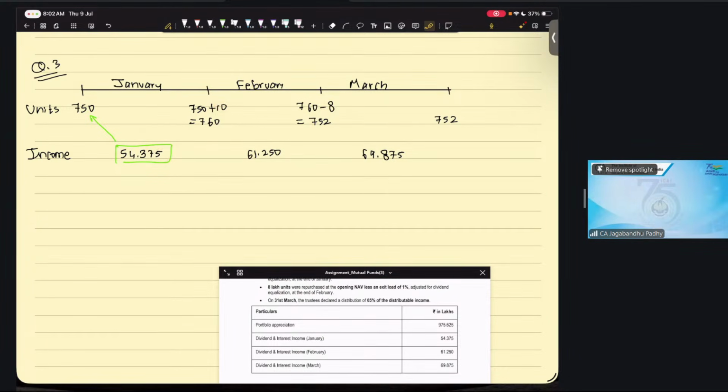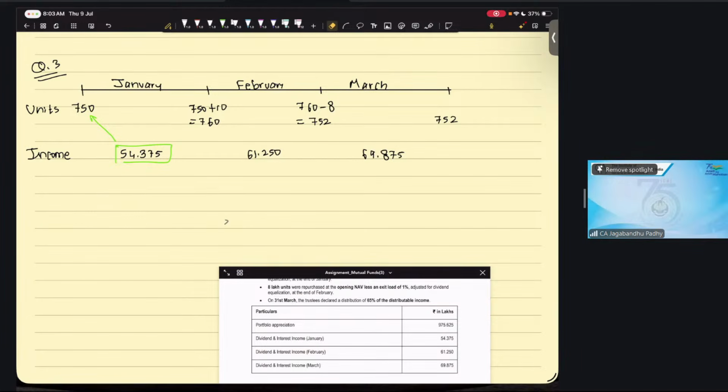Because when the units are trading over here, for example, if you have NAV as X over here, it is going to be X plus 54.375 divided by 750, because this income is also accruing to this, right?